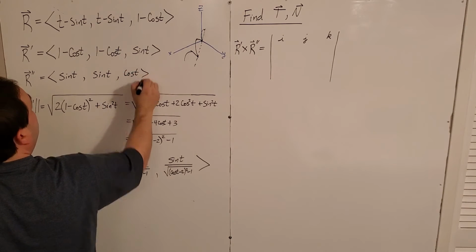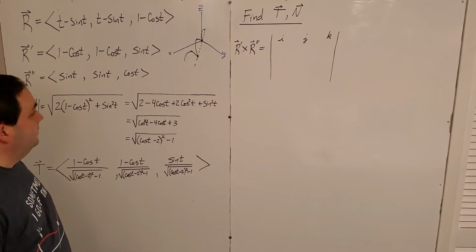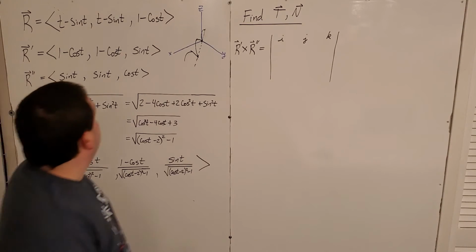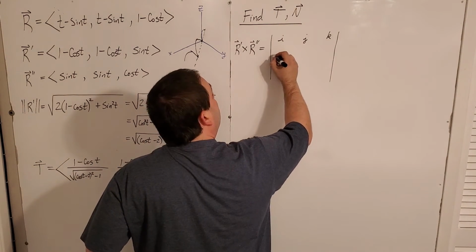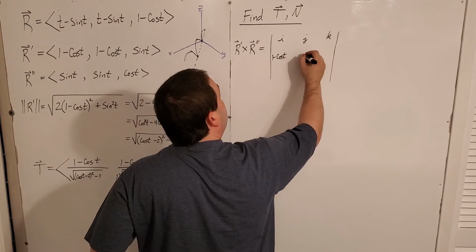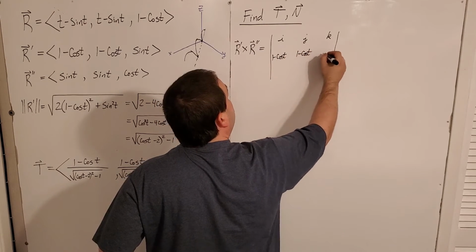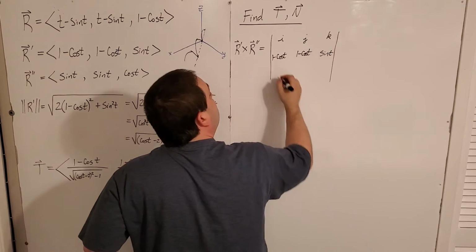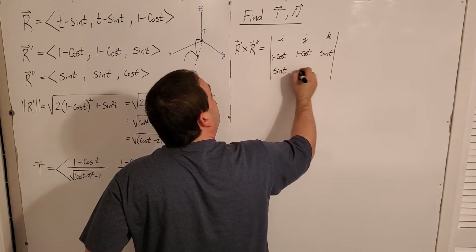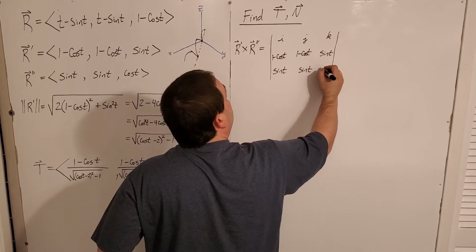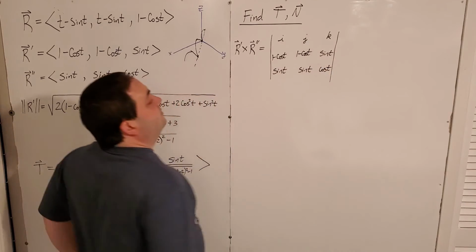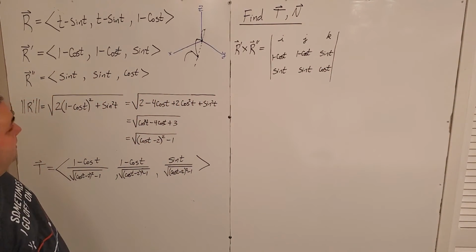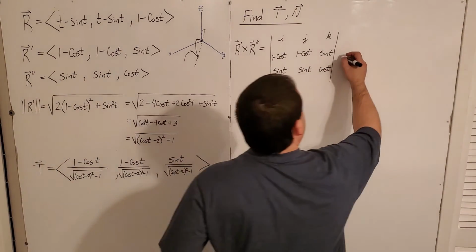That's a lovely one, isn't it? Absolutely. Okay, so I have 1 minus cosine t, 1 minus cosine t, sine t, sine, sine, cosine. Lovely.